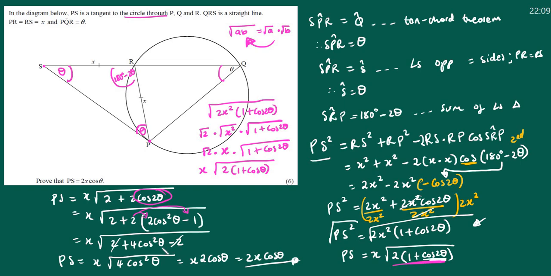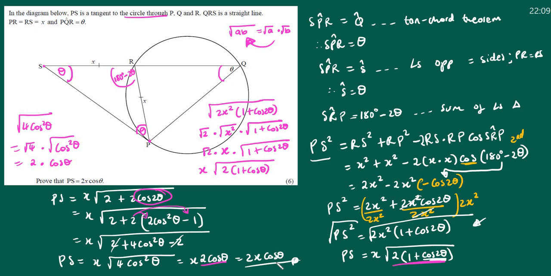I get this, these two cancel, and then still using the law again, the root of 4 cos squared theta will be the root of 4 times the root of cos squared theta. The root of 4 is 2. The root of cos squared theta is cos theta. So that's why we're going to have this and that. Is it understandable, ma'am? Clear. Very sure.